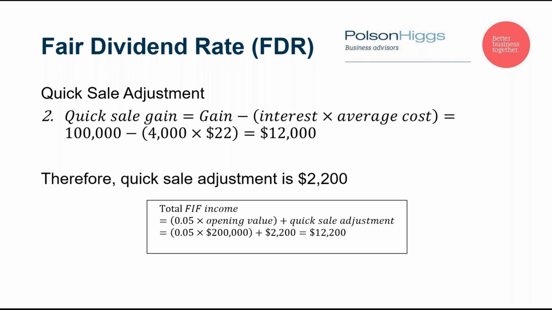A couple more questions came in during that. With FIF income, when are you allowed to use line-by-line calculation, and how does this affect income and tax credits? Can we apply tax credits to other income? Again, I think we'll come back to the tax credit stuff a bit later in the webinar, Sonia. However, to answer that briefly, each FIF is treated as its own segment for foreign tax credit purposes.